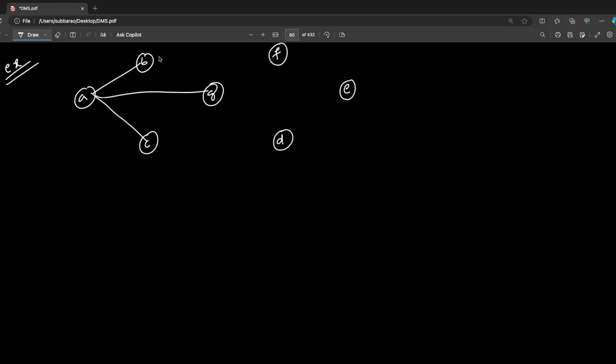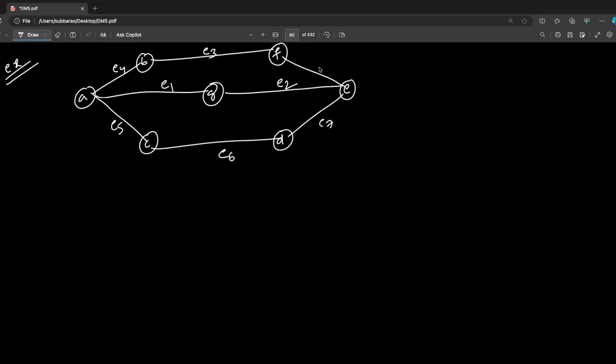One more example. Can you take this? Vertices A, B, C, D, E, F, G, and edges E1, E2, E3, E4, E5, E6, E7, E8.